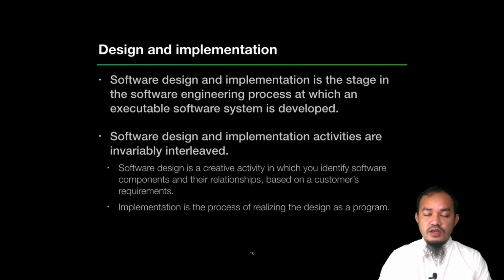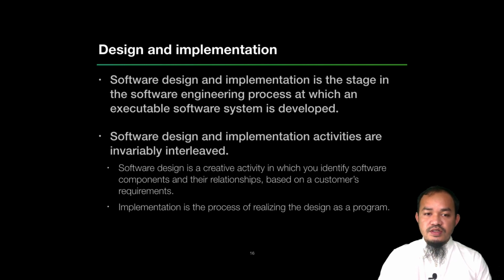But if you are developing a large scale of software, these two steps will be separate: software design is one step and implementation is another. If you develop a small application, it will be the same step.